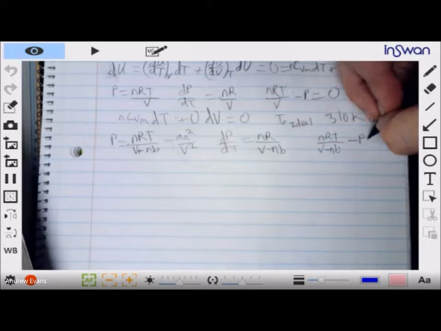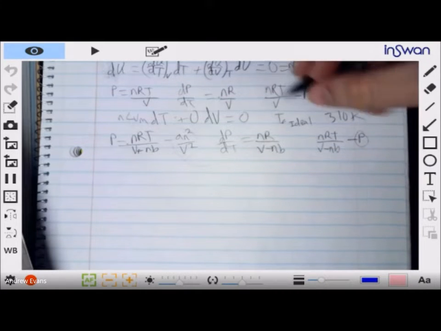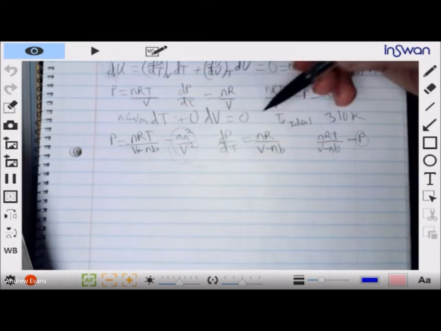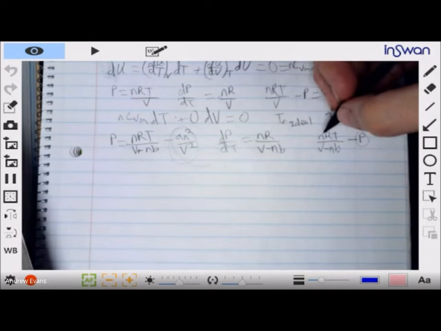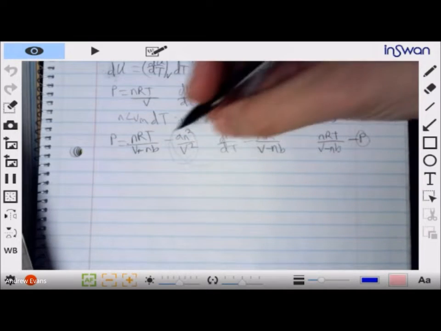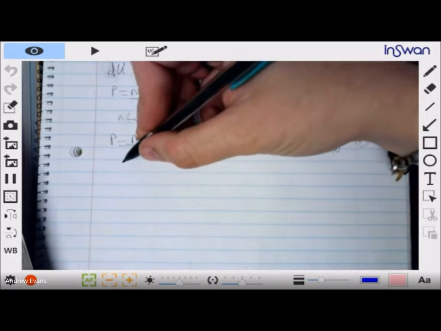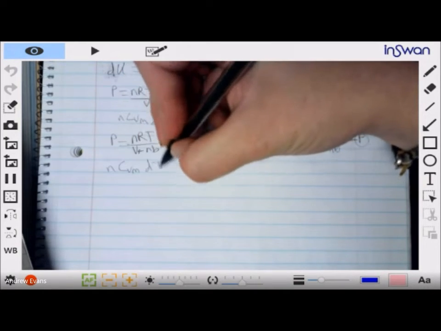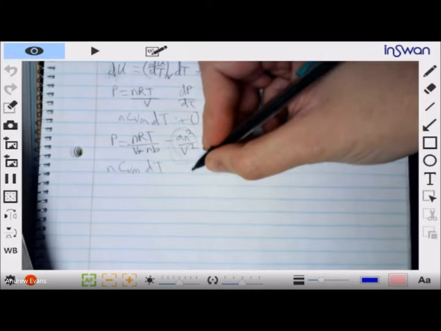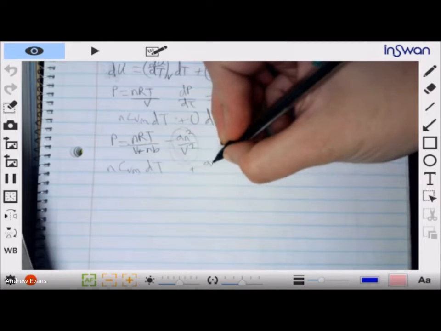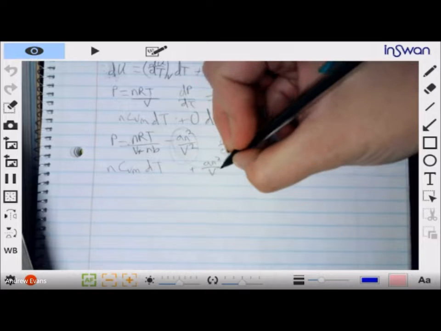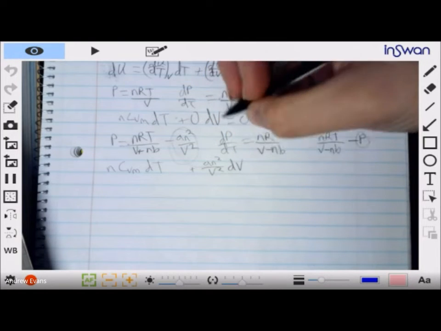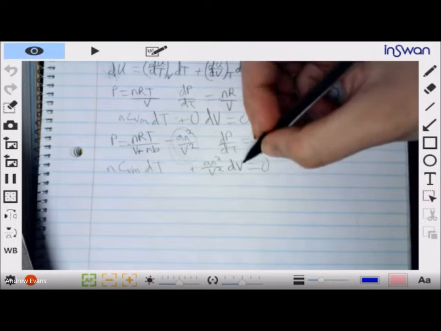However, our pressure term includes the an squared. So our equation is now simplified to C sub V sub m n dT plus an squared over V squared dV, and all that must equal 0.